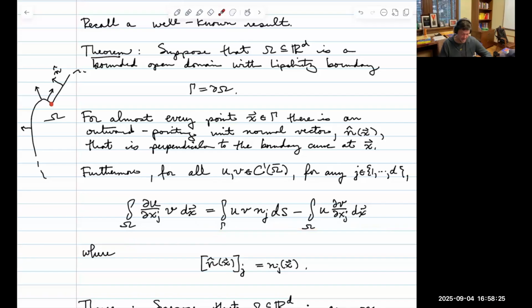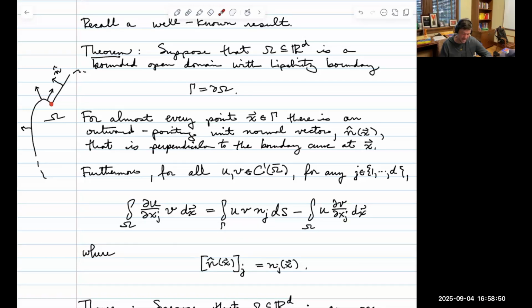That says that if I integrate the partial derivative of u with respect to xj times v over the domain, then I can move this derivative from the u onto the v. I incur a minus sign when I do that, and I also gain a boundary term.